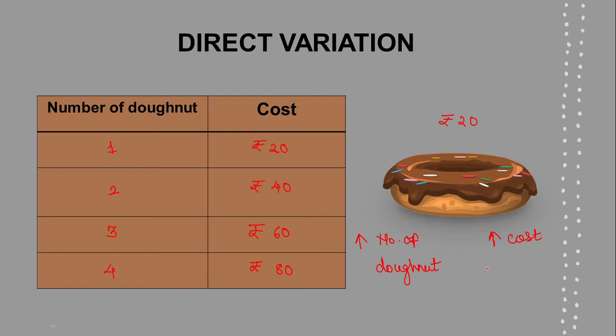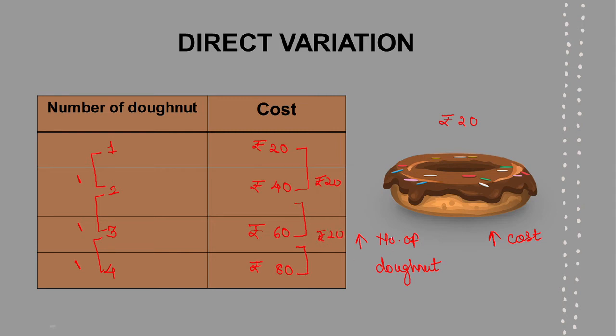Then see the change. When you took 2, the number of donuts increased by 1. From 2 to 3, the number of donuts increased by 1. From 3 to 4, it increased by 1. Now let's see the cost. 1 was for 20, 2 became 40. So by what amount did the cost increase? 20 rupees. You check the difference. Everywhere you will get an increase of rupees 20.